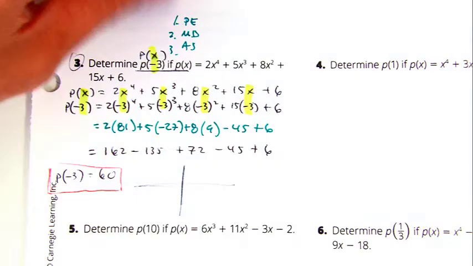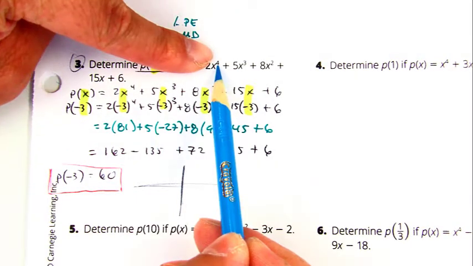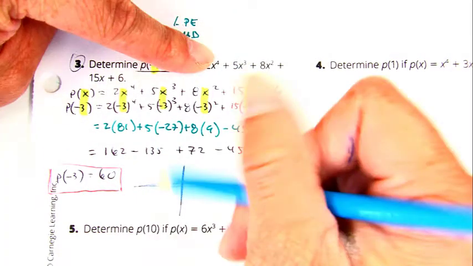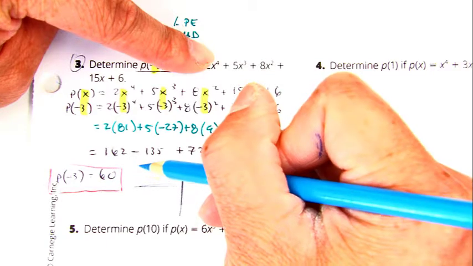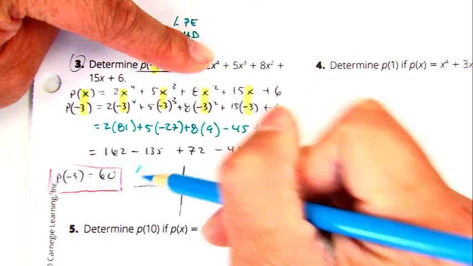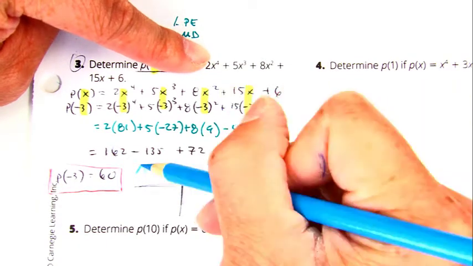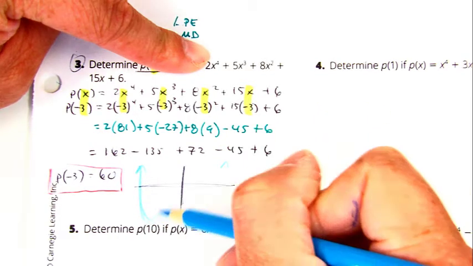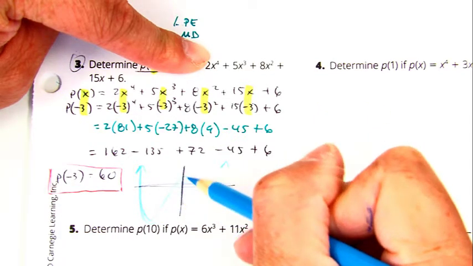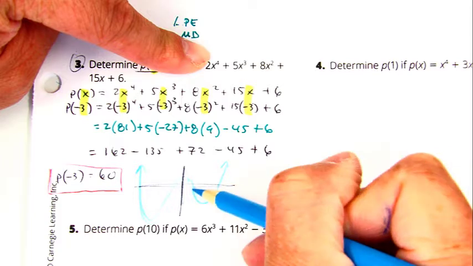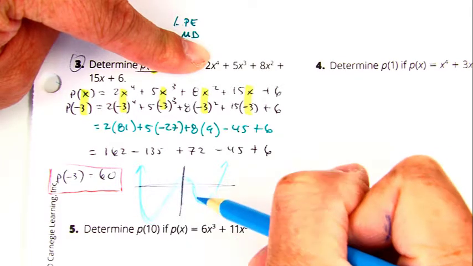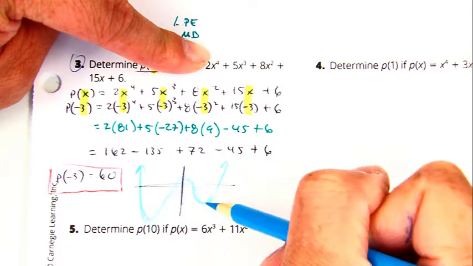Even. Okay, so let's draw a sketch. Starts up, ends up. I'm going to have turning points. So that's 4. Degree minus 1 tells us I'm going to have 3 extrema there.